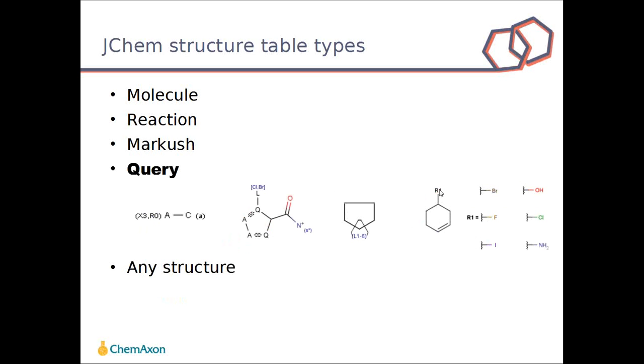Query structures can contain similar variations like in Markush, but they can further have restrictive properties as well, like this X3 or R0, where X3 means it must have 3 connections, although in the query only one is drawn. R0 means that it shouldn't be a member of a ring. Okay, and so on.